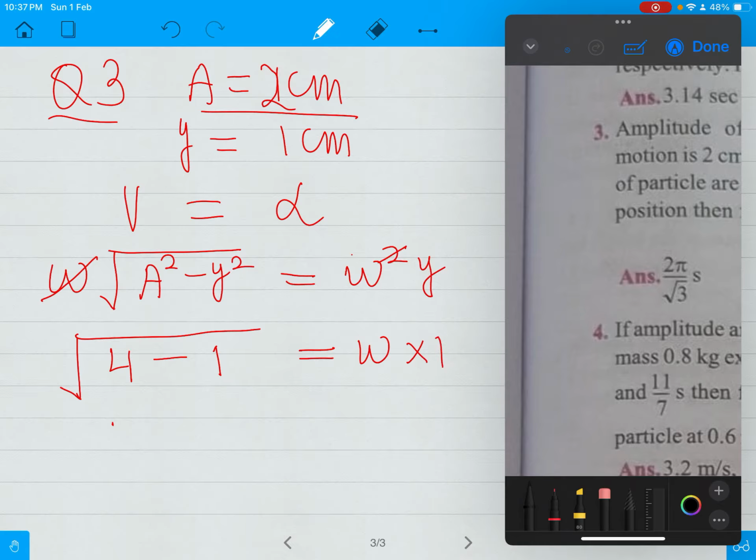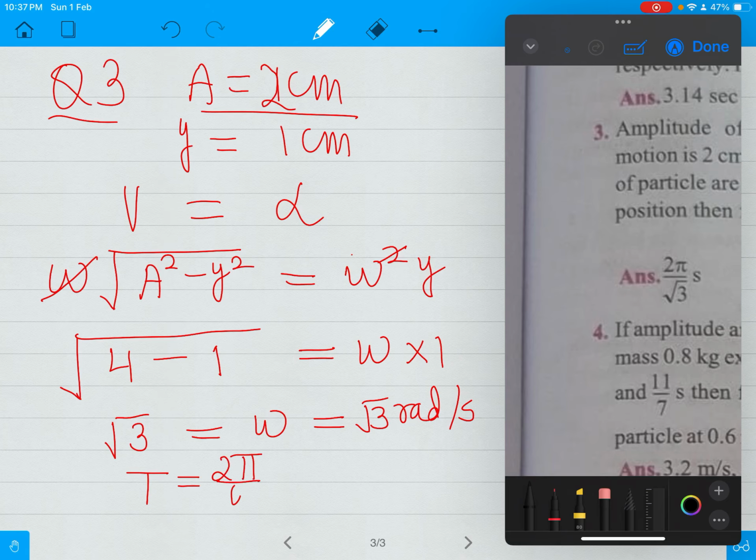So when you simplify it, root 3 equals omega, meaning omega comes out as root 3 radian per second. So what will be T? Already I told you, 2 pi by omega, so it will be 2 pi by root 3 second. It is clear. Now you see the next question.